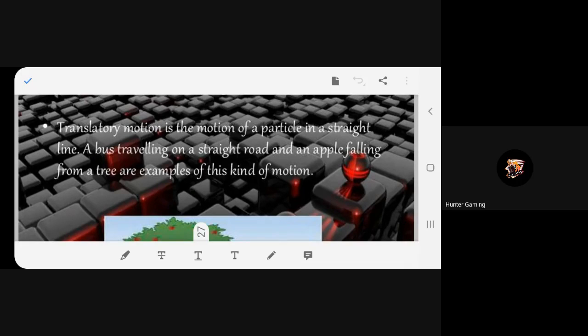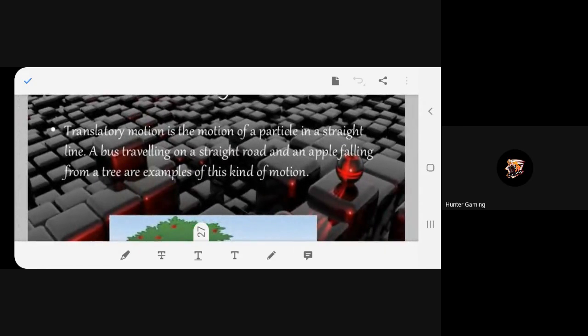So translatory motion is equal to linear motion. So put it in your mind, because I may ask you linear motion, then you will say, ma'am, you have not taught us, we have been knowing only translatory motion. So that is what I'm telling you. Be aware of all these terminologies. I don't think I have to explain this anymore.